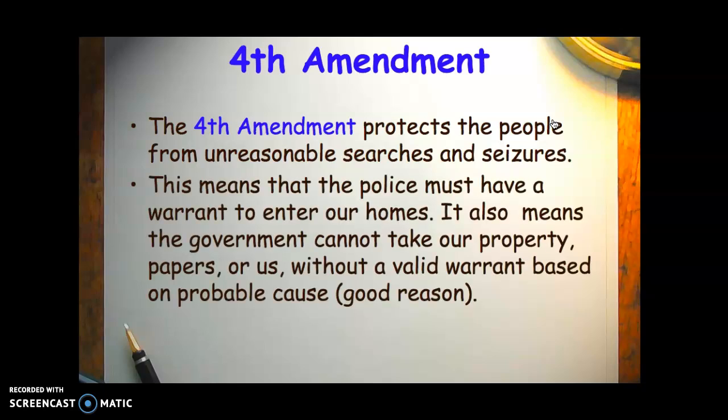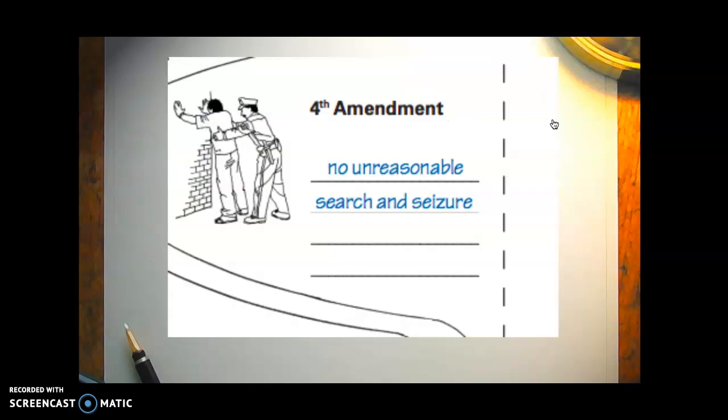So the Fourth Amendment protects us from that. It also means that government cannot take our property or papers without a valid warrant or probable cause. So on your paper, you would fill in the missing information: no unreasonable search and seizure.